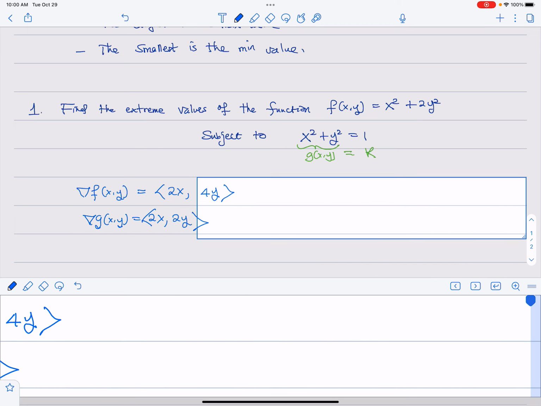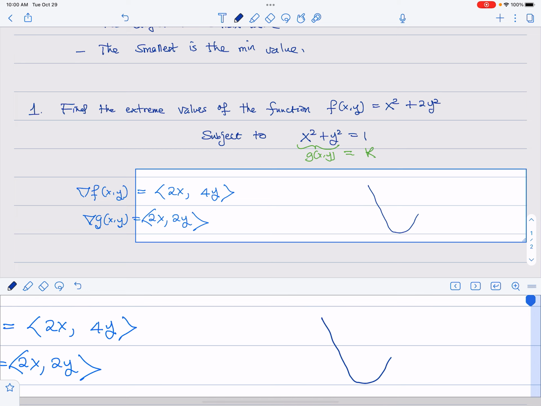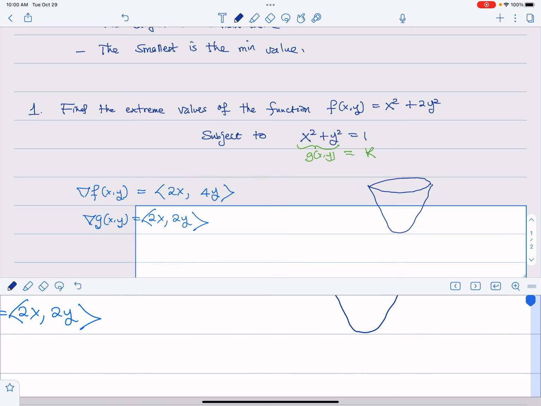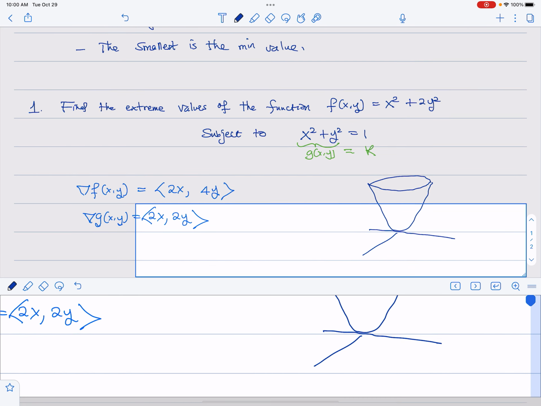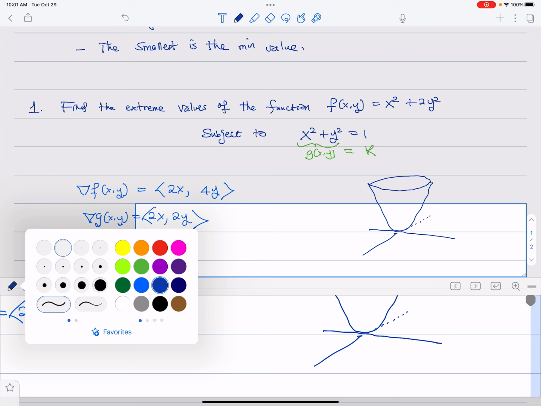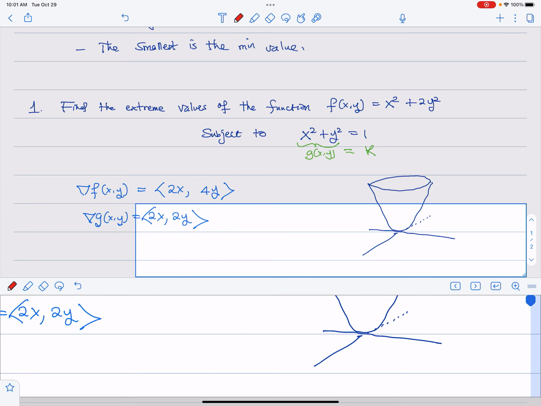So we're looking at an elliptic paraboloid, and on the xy plane, we're trying to see what are the maximum and minimum values of this elliptic paraboloid if we restrict it to this circle, x squared plus y squared equals 1 on the xy plane. So that's all we're trying to do in this problem.